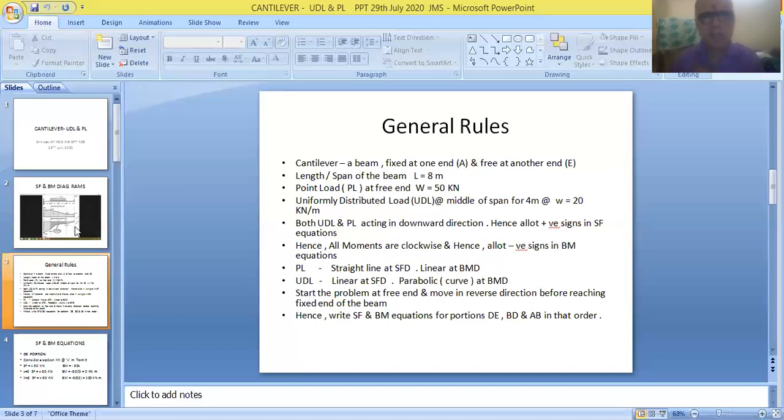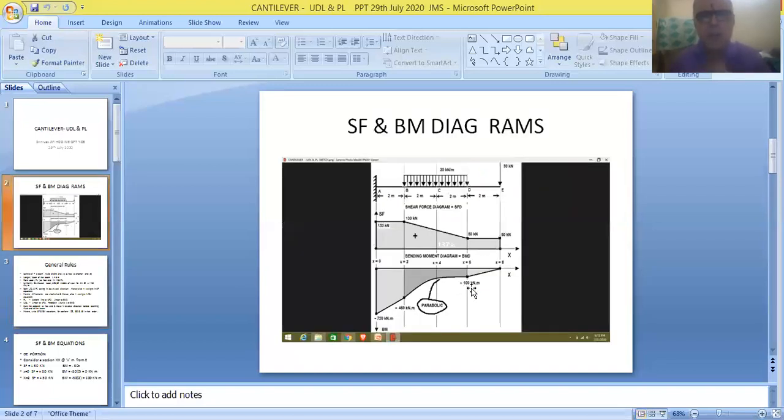So friends, this is already shown here. So point load is acting in this region, so it is coming in the form of a straight line, and UDL is acting in this region, so it is coming in a linear form. SF diagram is coming in a linear form.